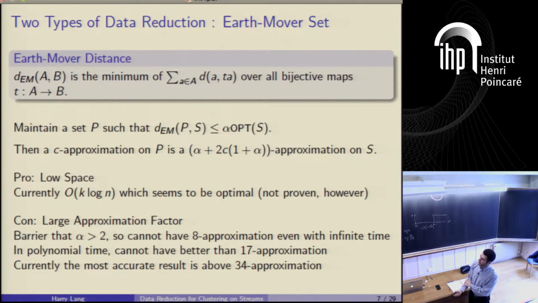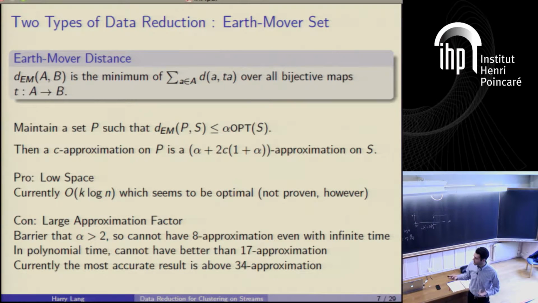The way all these work is they maintain a summary such that the earth mover distance is bounded by some constant times OPT. Running an offline approximation on that, they get a constant factor approximation on the original set. The crucial part is the guarantee that all these algorithms have: the earth mover distance, which connects the original stream to your summary, is some constant times OPT.